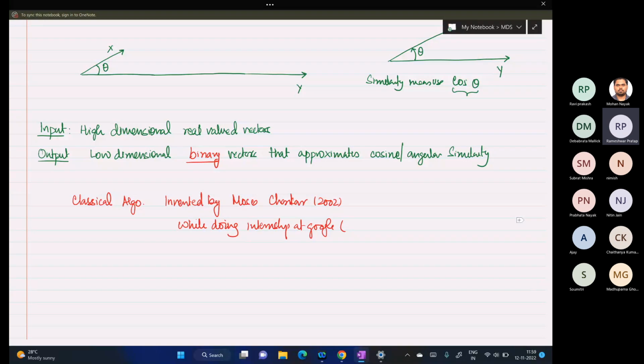And this is a very popular result, and Google still uses some improved variants of it in their indexing-based application. It has, I think, more than 2600 citations, and the paper name is Similarity Estimation Techniques from Rounding Algorithms.